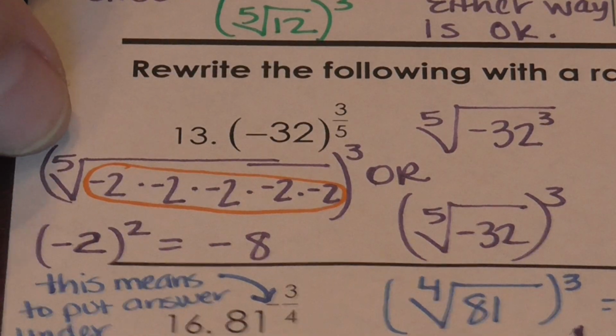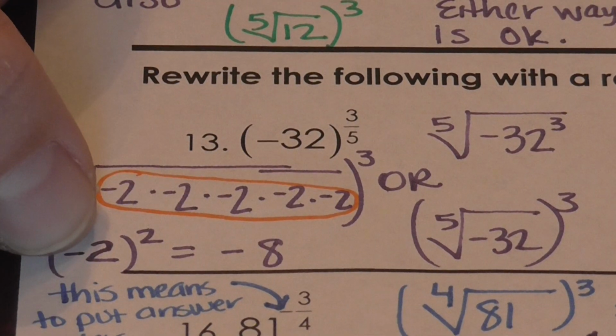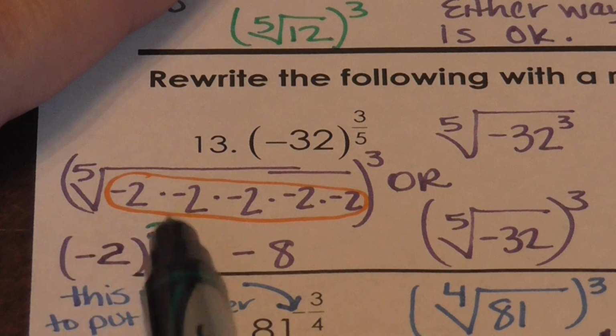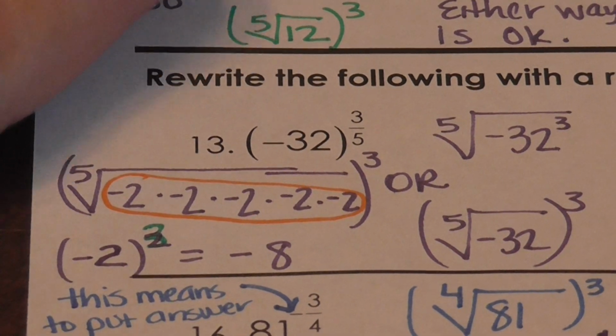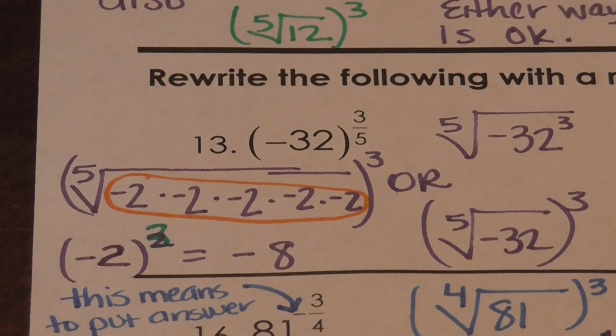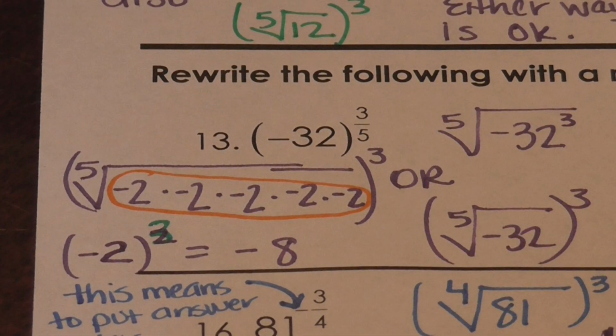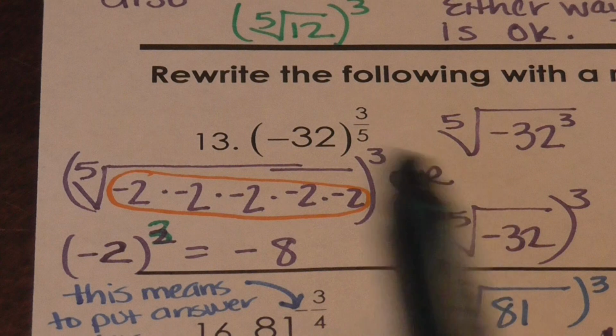So the 5th root of that is just -2. And then I want to make that cubed. This is supposed to be a 3. So -2 cubed is just -8. You don't have to worry about i's when these are odd numbers. When they're odd, the negative under there is just fine because the 5th root of that is -2.